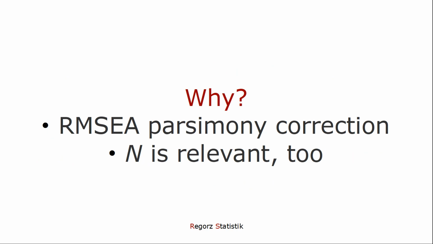Why? For the RMSEA you have a parsimony correction. That is, for the same mean error, you get a worse RMSEA if you have small degrees of freedom. And in the calculation, the sample size is relevant too. So you get a worse RMSEA for low sample size. Now, what are small degrees of freedom and what is a not very large sample size?